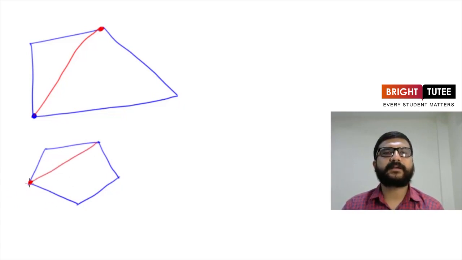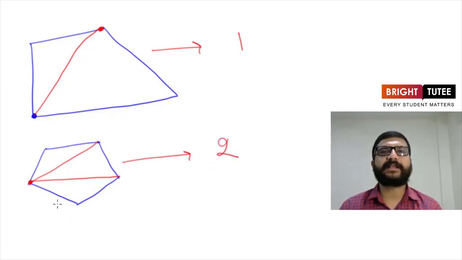We can draw 1, and then this is the second diagonal. Can we draw any other diagonal? No. We can draw only 2 diagonals. For a quadrilateral, the number of diagonals was 1. For a pentagon it is 2. Now for a hexagon, what do you think? What will be the number of diagonals drawn from any vertex of a hexagon?